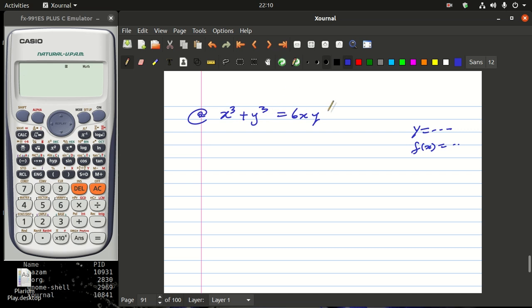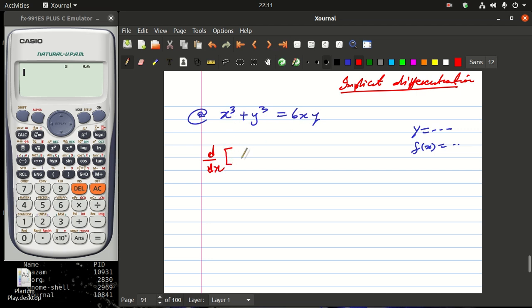Now, when we have a function of this type whereby we cannot isolate y and make it the subject of the formula, we use what we usually call implicit differentiation. So implicit differentiation simply means that because we are looking for dy/dx here, we're just going to take the derivative with respect to x, because this function and that function is the same.